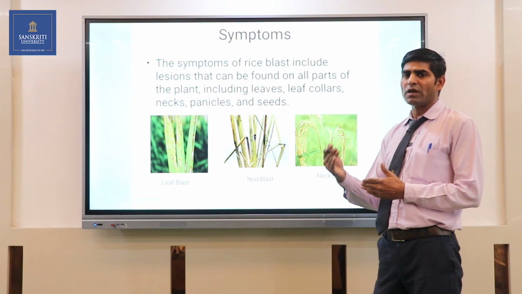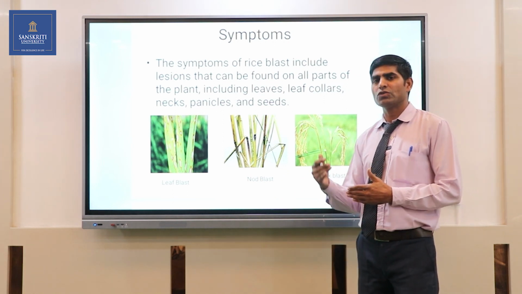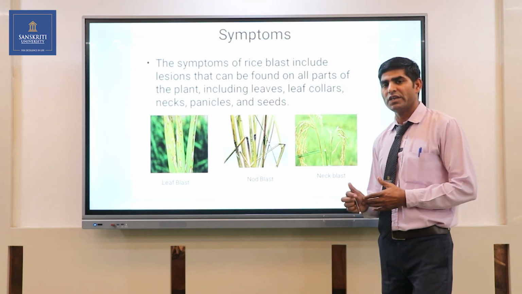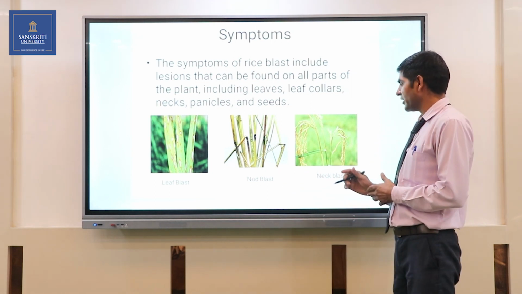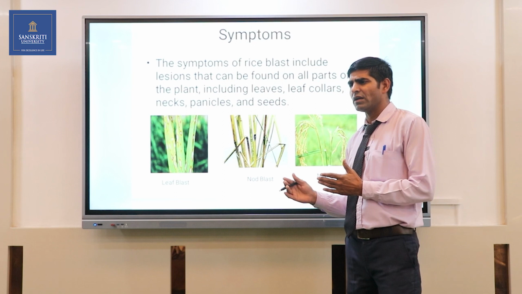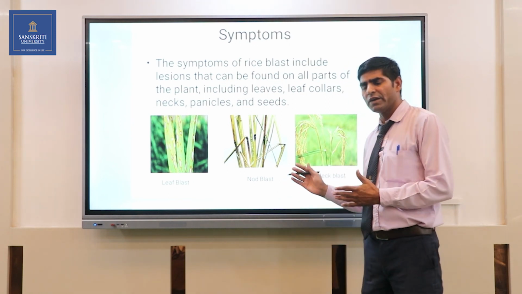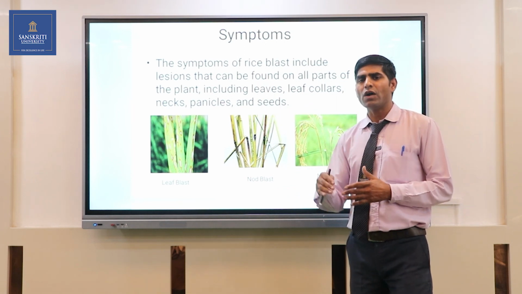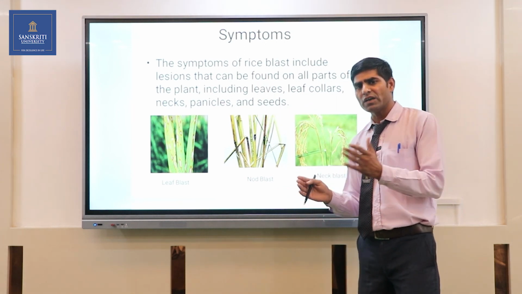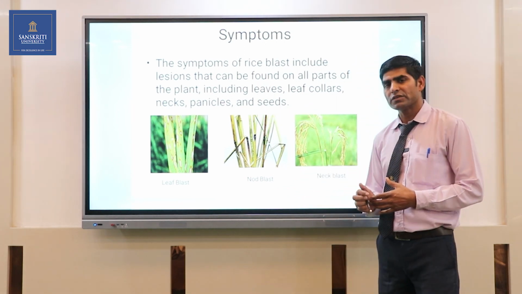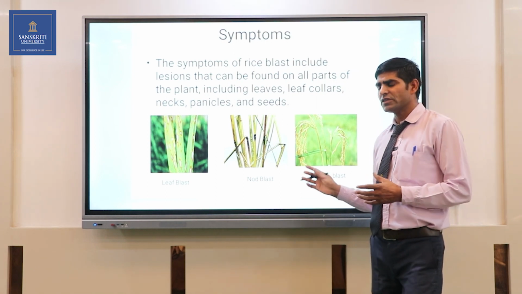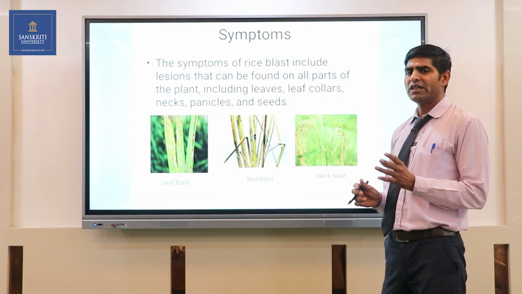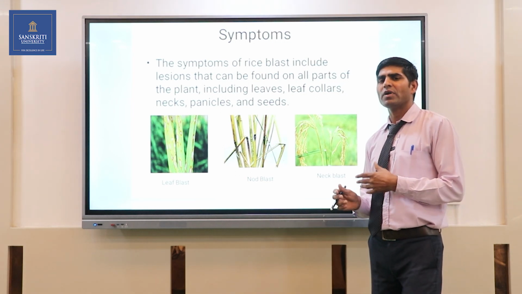After some time, when the plant reaches maturity, the most dangerous stage comes in the rice field. It is called neck blast. Why do we call it neck blast? Because, locally, the neck hangs down, so that's why we call it neck blast. In neck blast there is no proper grain filling and there are chaffy grains.